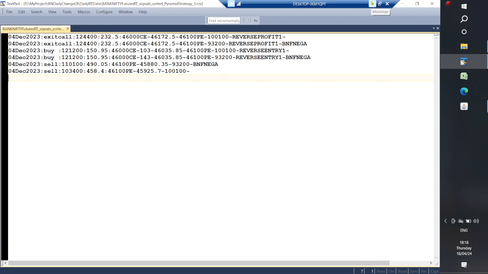Any trader who has options trading experience and a reasonable capital can approach me. I'm happy to help them in installing this system on their computer or laptop.